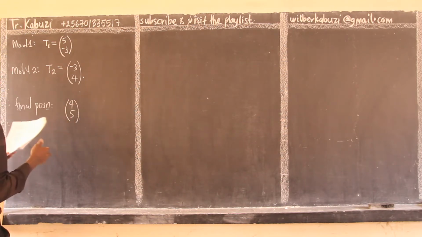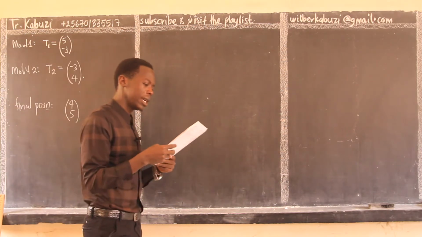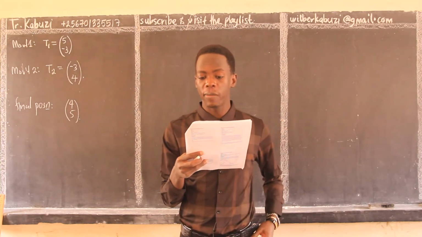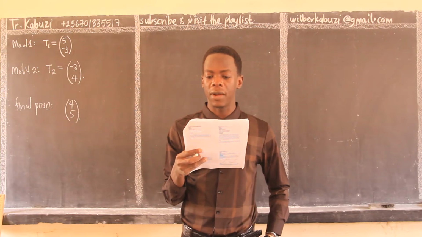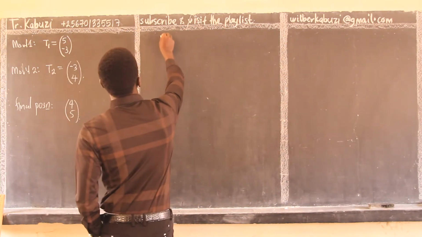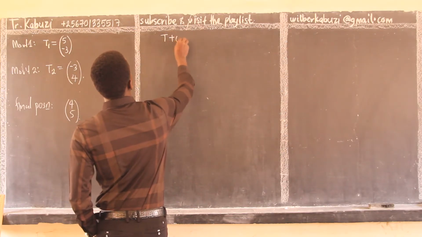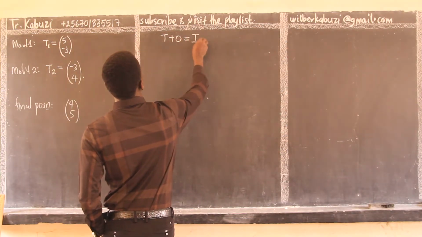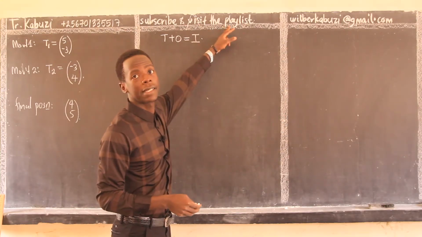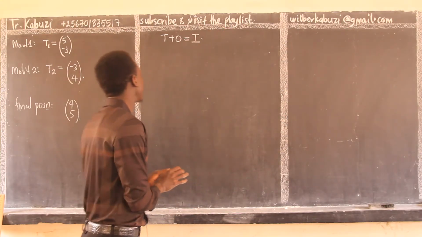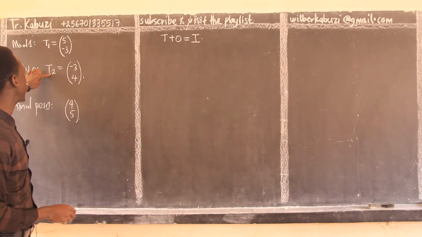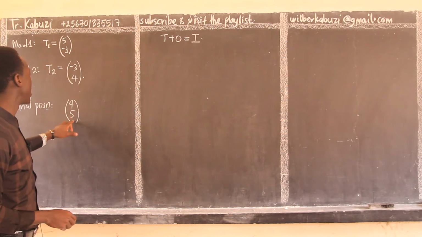Now they want us to figure out the robot's path, and then we determine the initial position of the robot before any movements. Now, we all know that the translation plus the object will give us the image. That is obvious. Now, if you want to see more about translations, please visit the playlist. You will see them in detail. Now, it means that this translation plus the object, which we don't know, gave us this position.